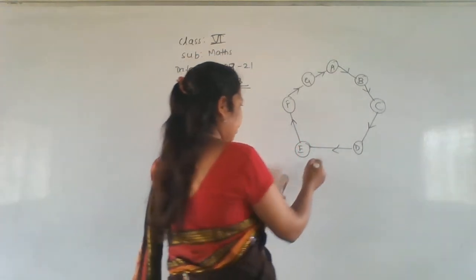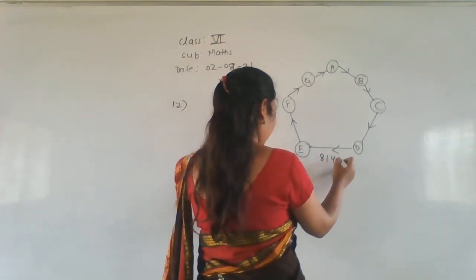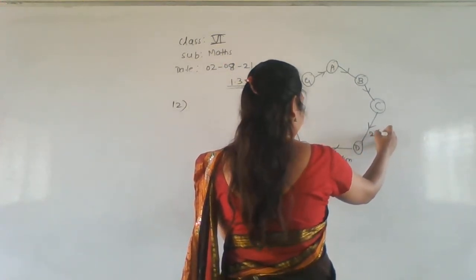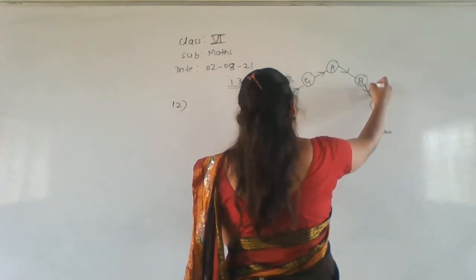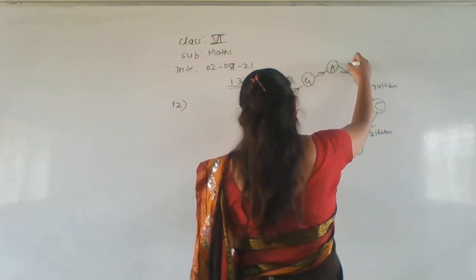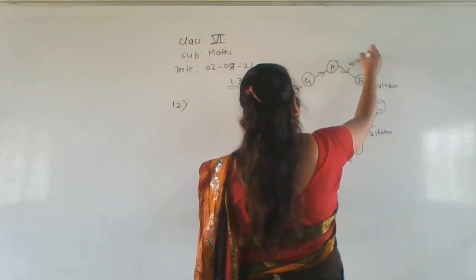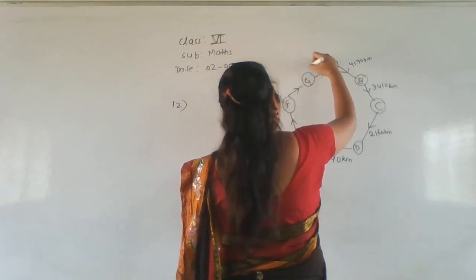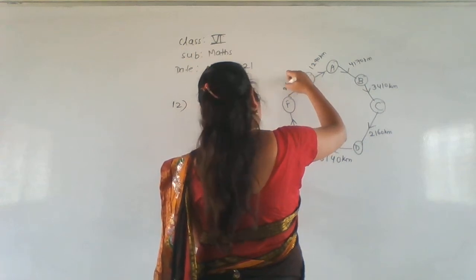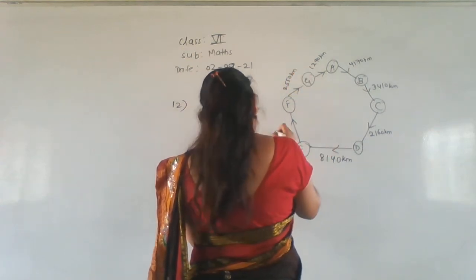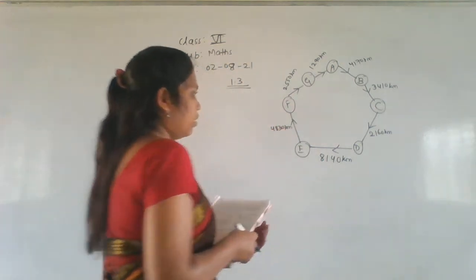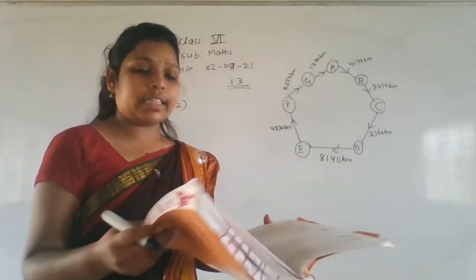Okay, so now I'll write the distances also here: 8,140 kilometers here, and here 2,160 kilometers, and this will be 3,410 kilometers, and here 4,170 kilometers, 1,290 kilometers, 2,550 kilometers, 4,830 kilometers. Okay, so this is the journey they have given here.